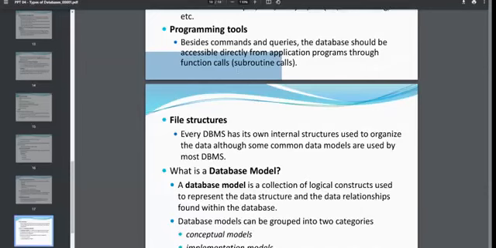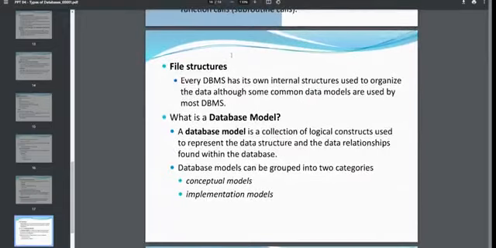You can use functions to make queries in a better way and to provide commands, along with subroutine calls. File structures: there are different internal file structures to organize data.